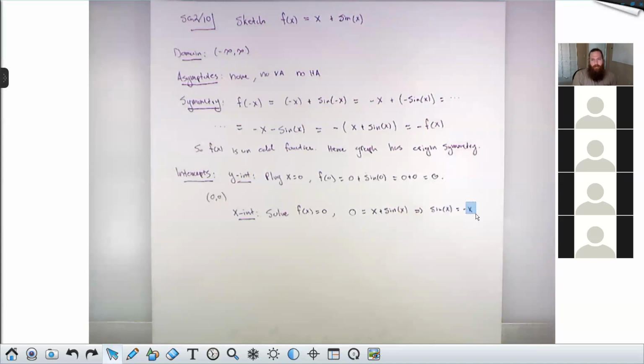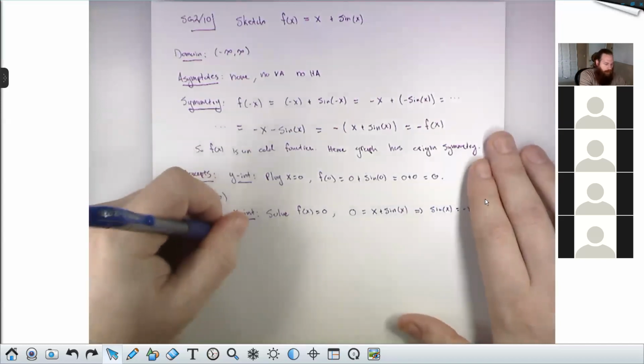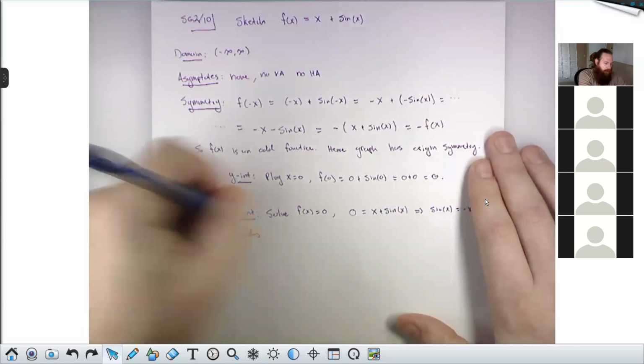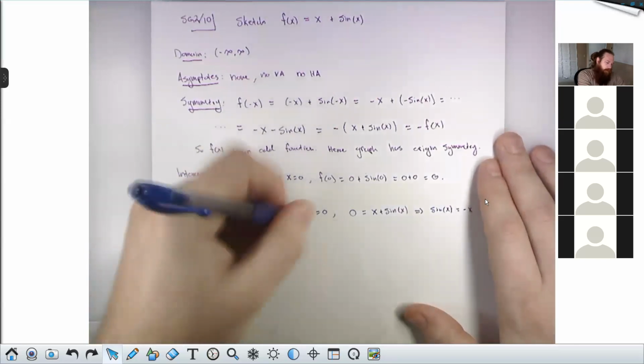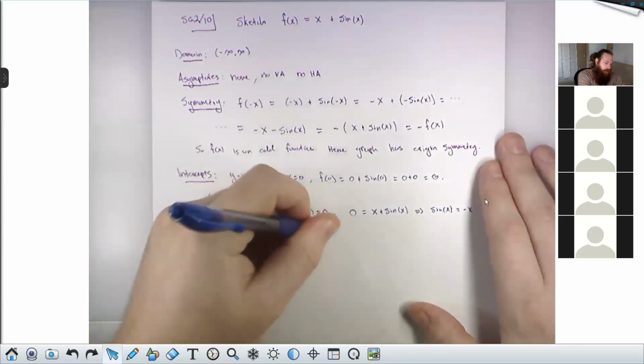Certainly if x is bigger than 1, then there are no solutions because the sine function only ever outputs things between -1 and 1. So we're going to put a pin in this for now because this is actually really, really hard to solve. And I don't mean hard to solve like you guys don't know how to do it. I mean, even the most talented mathematician in the world would look at this and say, ooh, I don't know what to do. So besides x equals 0, not sure.